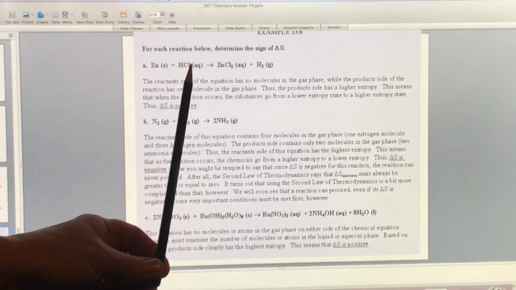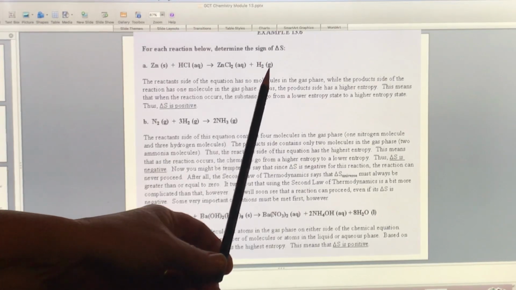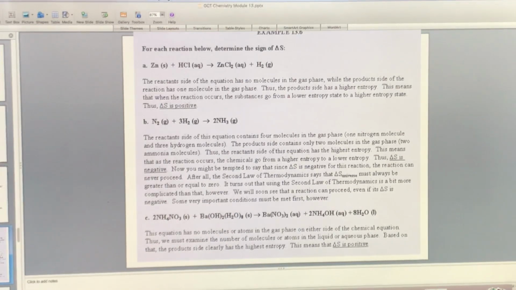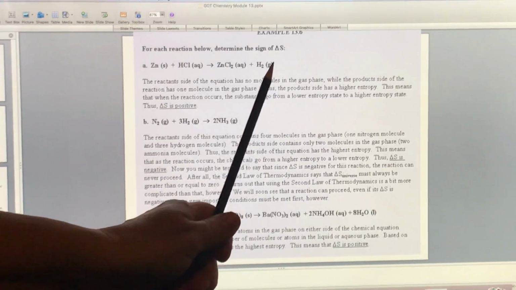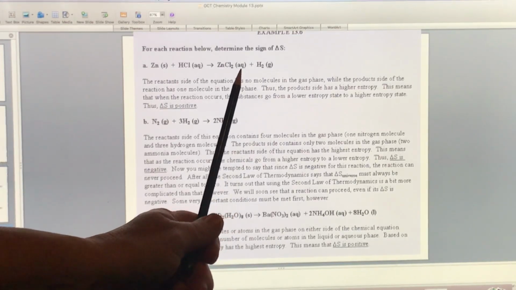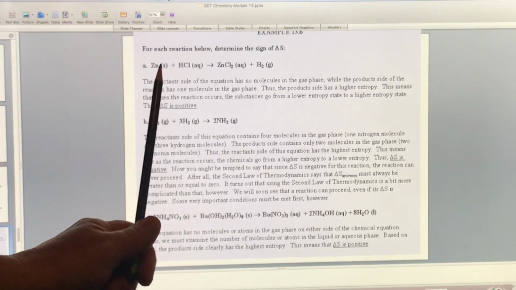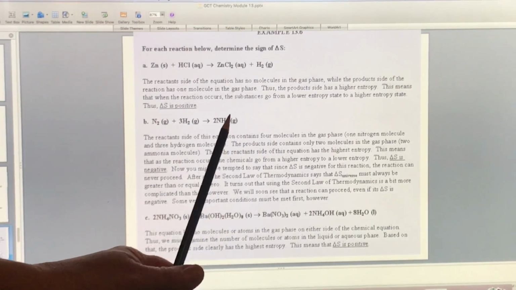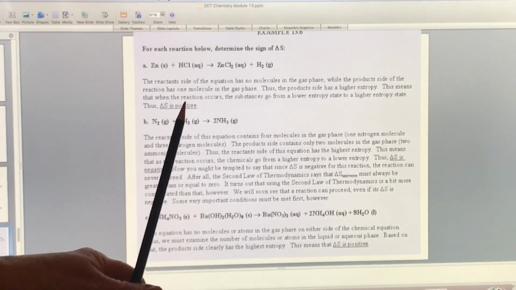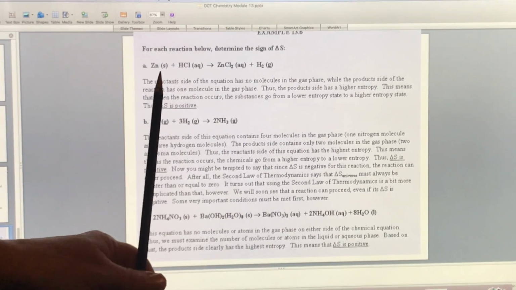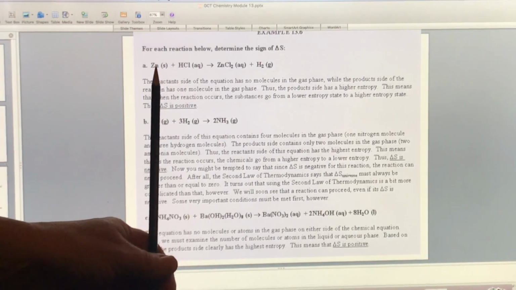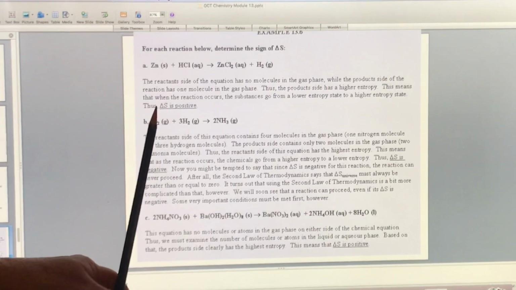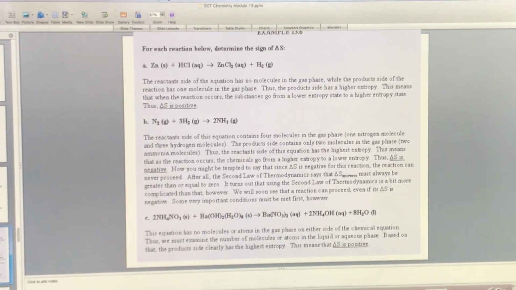We have solid, aqueous, and gas. Since there's gas and aqueous on the product side, which has a higher entropy than a solid and an aqueous, the product side would have a higher level of entropy, and therefore it goes from a state lower to higher, and that's considered a delta S that's positive.